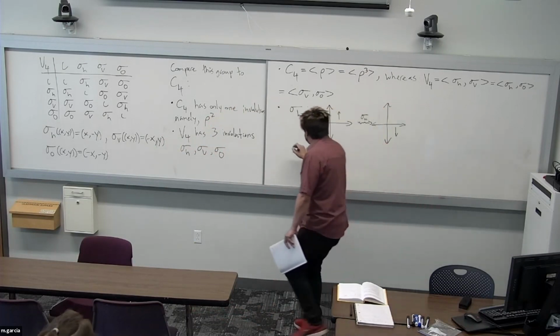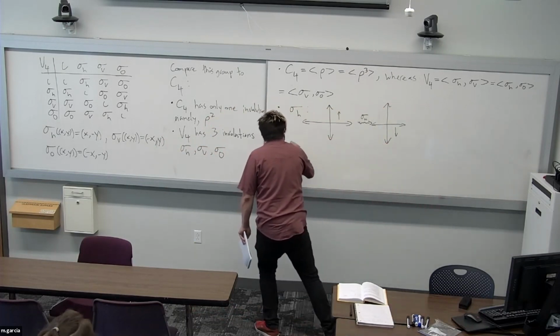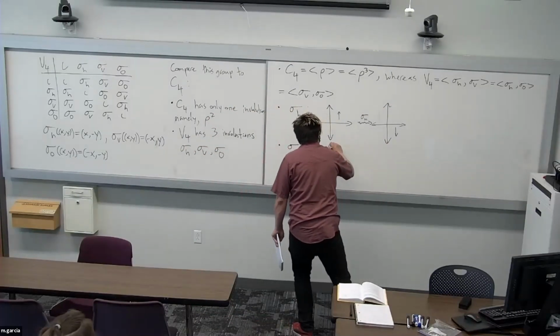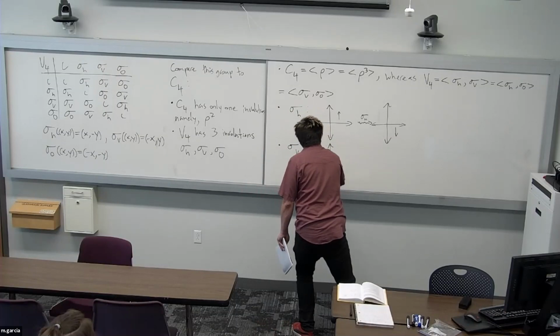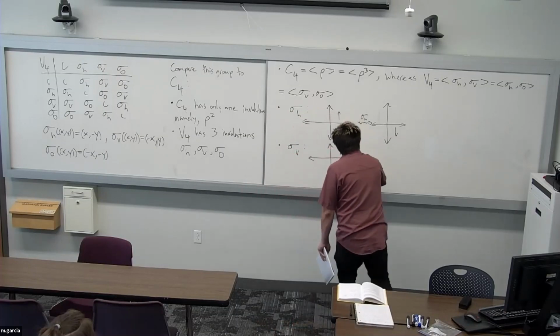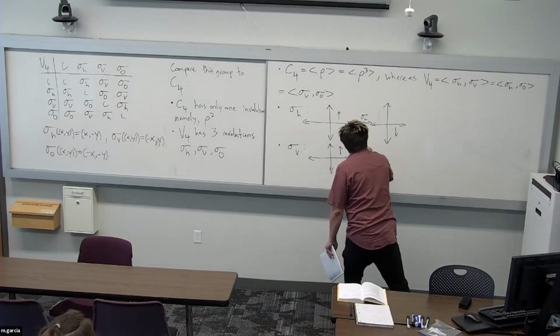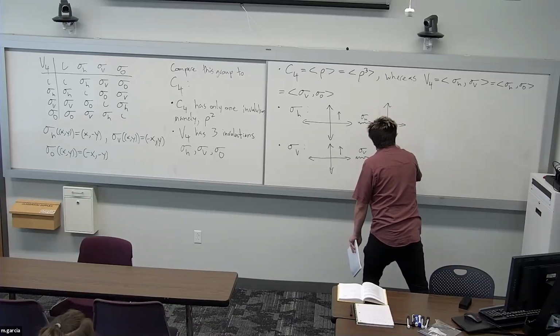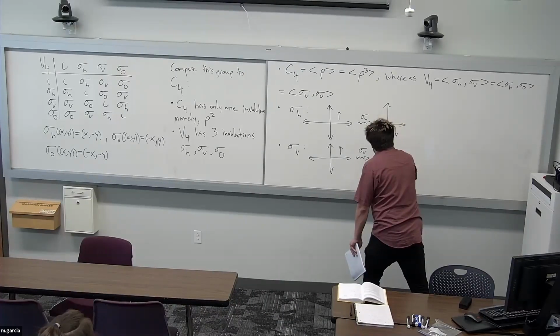Okay, so sigma V, similarly. I take this same arrow in the plane, and I operate sigma V on this. I get this arrow here.